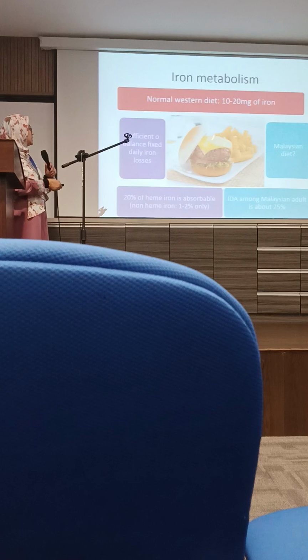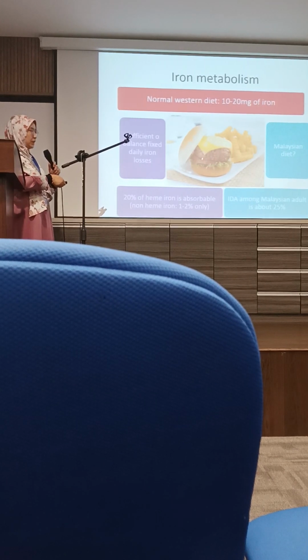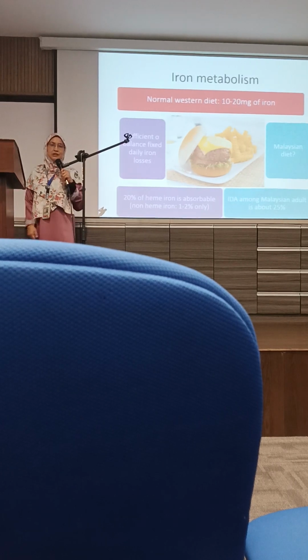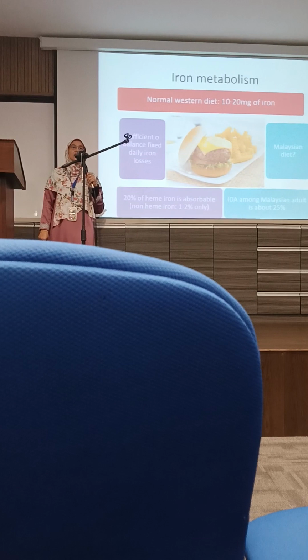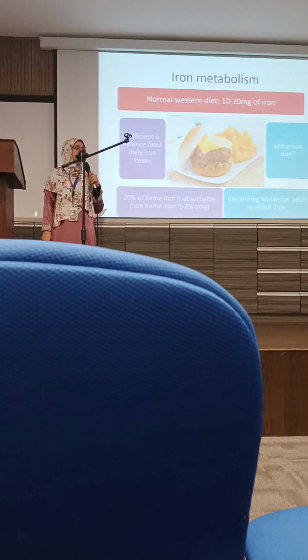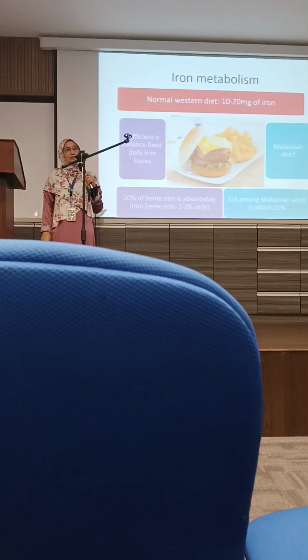And this is the Western diet. The iron is mainly in the meat. Not the Malaysian diet. Do you think your iron is enough? Enough. What are the sources of iron in your diet? Red meat. For breakfast you eat nasi lemak, no red meat. Roti canai, no red meat.